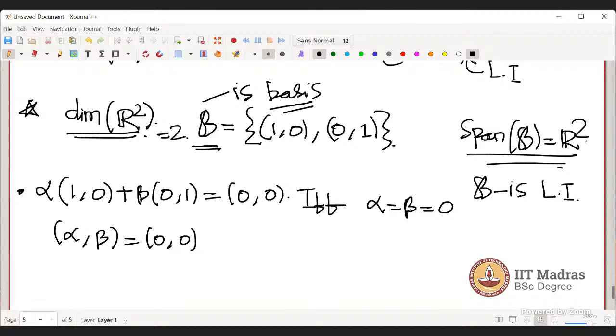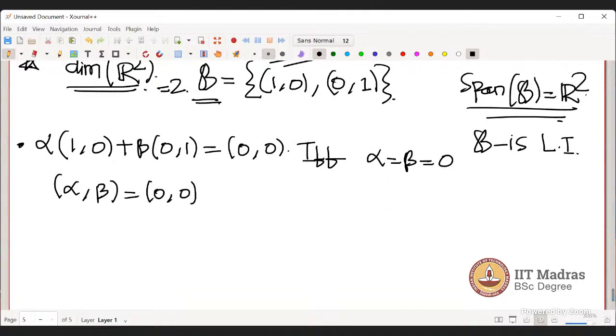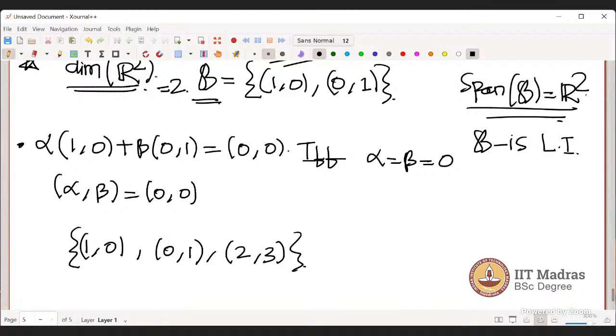So as someone said, if I remove the linear independence condition, then I can take this set and, instead of this 1 0, simply add one more point, 3. So this is my, say, B dash.